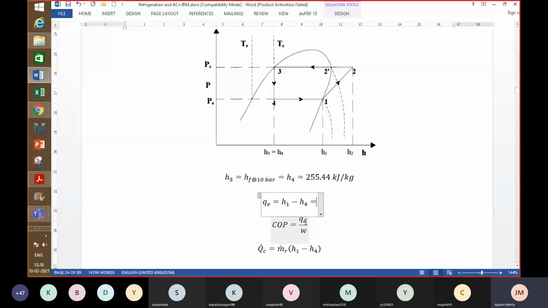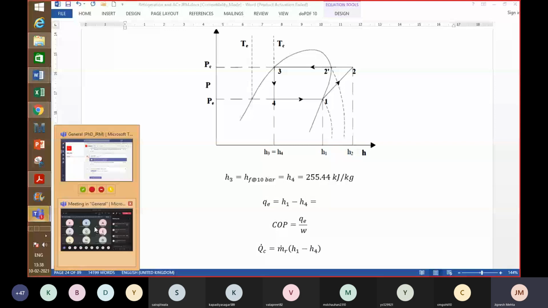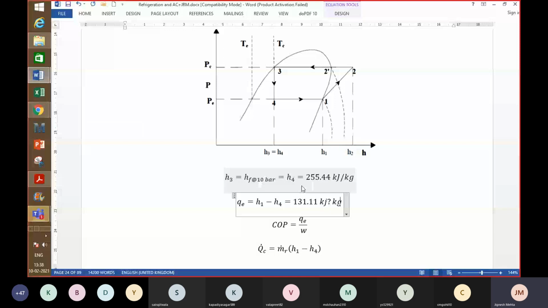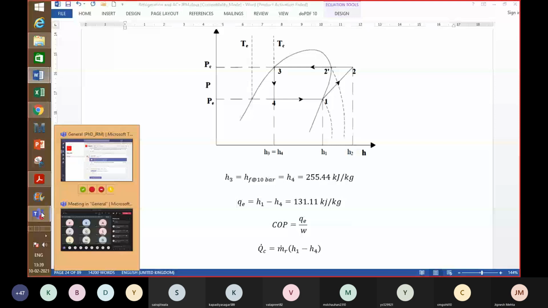131.11, right? 131.11 kilojoule per kg. And now with the help of QE and W, you can get the COP value.